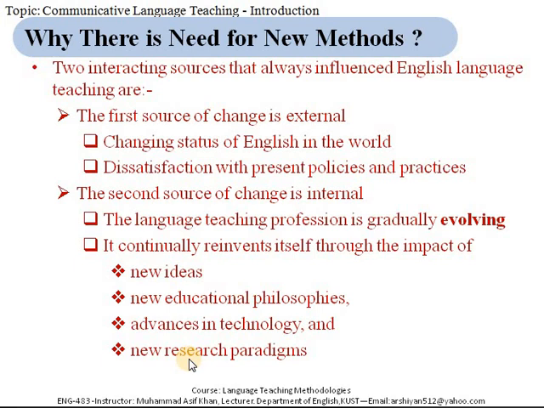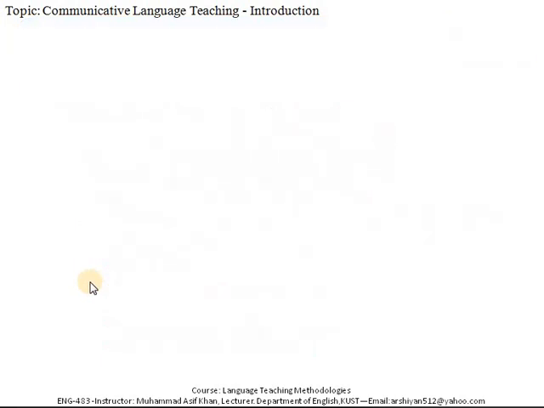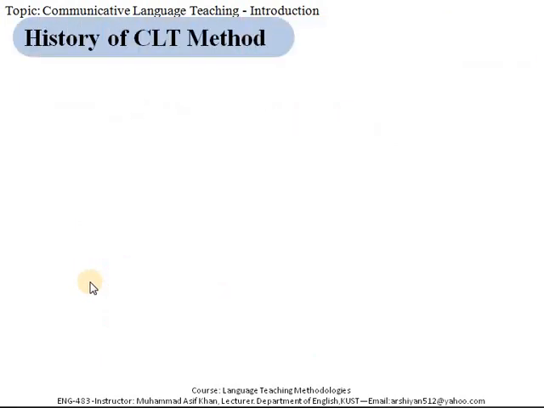For that reason, this very movement, this approach commonly known as communicative language teaching, is one of the good examples of how this model of teaching, or this paradigm, shifts in language teaching.